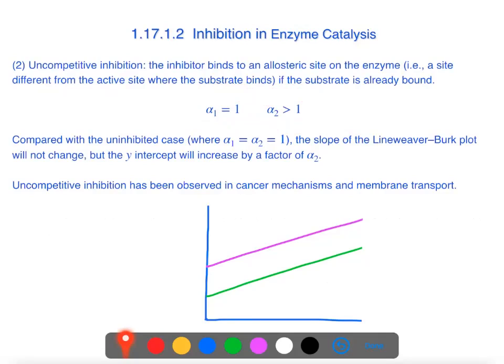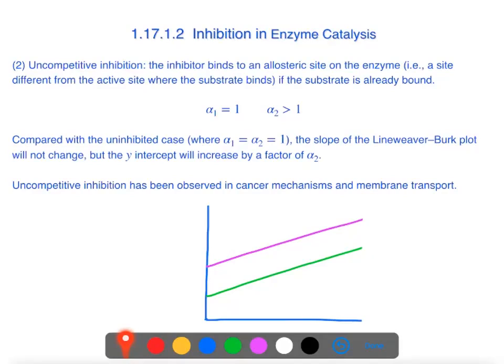So compared to the uninhibited case, where alpha 1 and alpha 2 both equal 1, the slope of the Lineweaver-Burk plot will not change, but the y-intercept will increase by a factor of alpha 2. So this means that in this particular type of inhibition, the inhibitor will not interact very well with the free enzyme, but will interact more strongly with the enzyme-substrate complex.